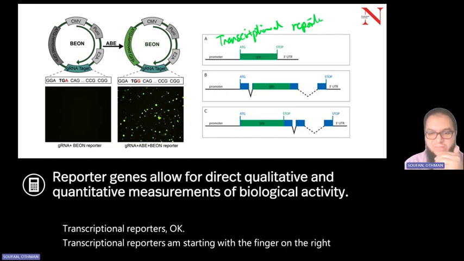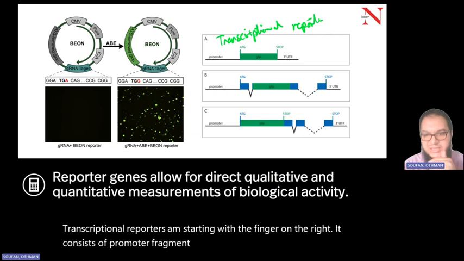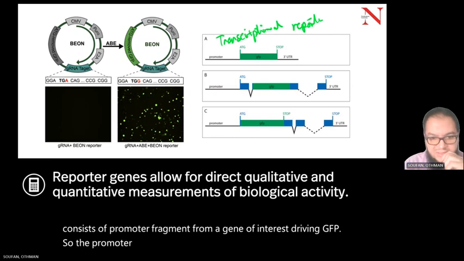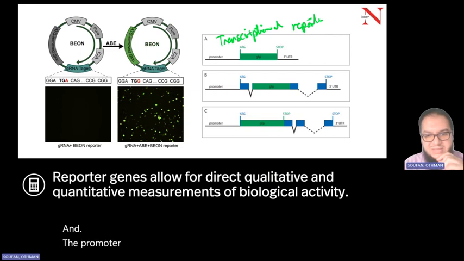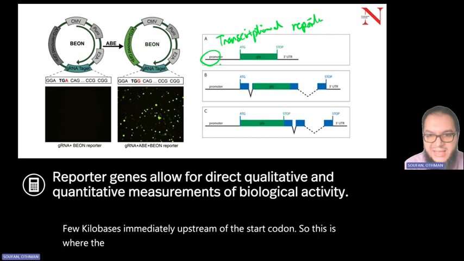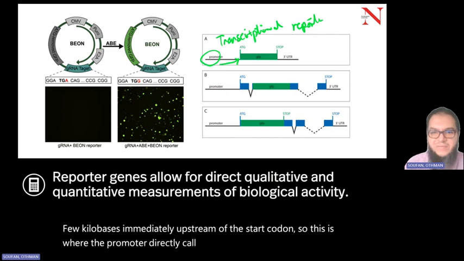It consists of a promoter fragment from a gene of interest driving GFP. The promoter fragment is a few kilobases immediately upstream of the start codon. So this is where the promoter directly drives the GFP protein. This is what we call a transcriptional reporter.